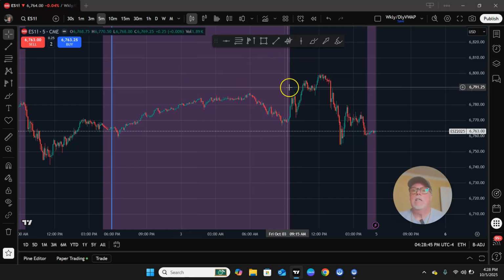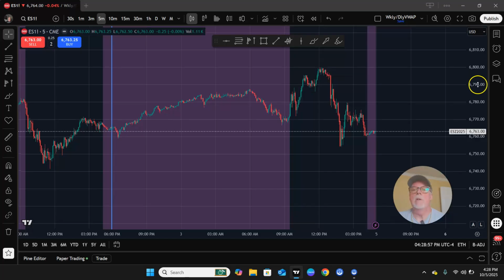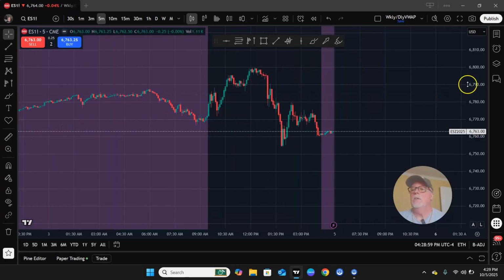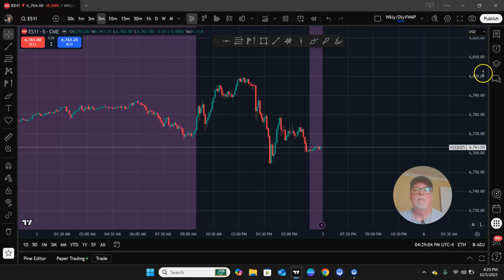And so as you can see, one of my favorites on here is a fixed range volume profile. That's where we're going first. Probably the most important analytical tool that we will learn to use is a volume profile.